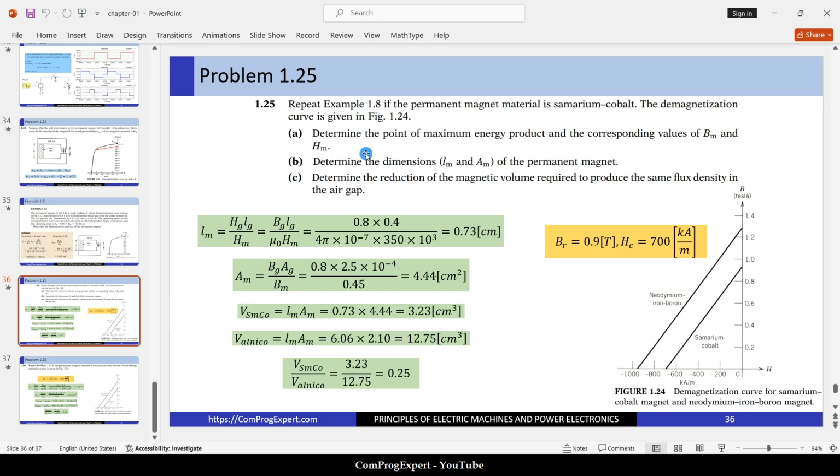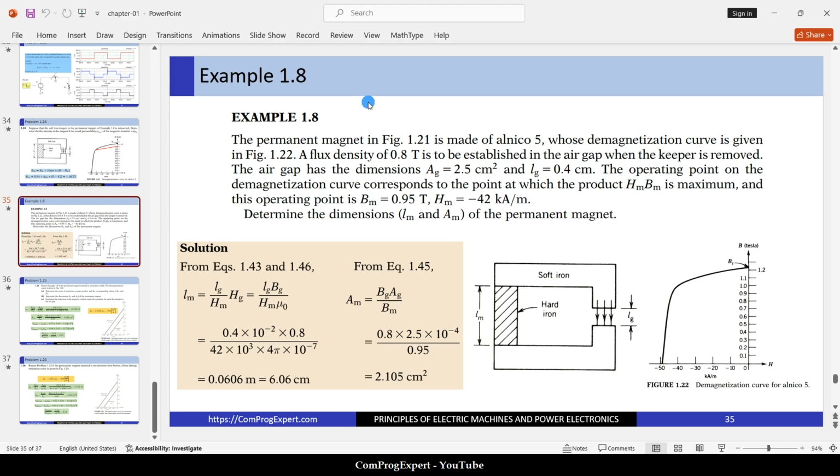So what is the aim of this problem? Here in this example, we assumed a desired value for the flux density in the air gap. We considered this operating point for the magnet, considering maximum energy product, and we calculated the length and the cross-section area of the magnet.